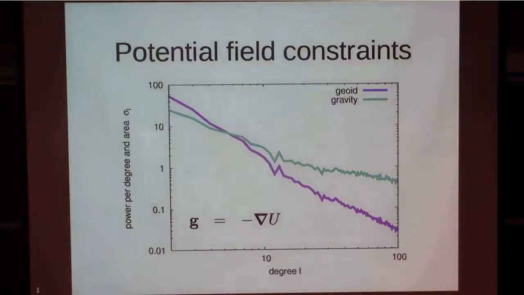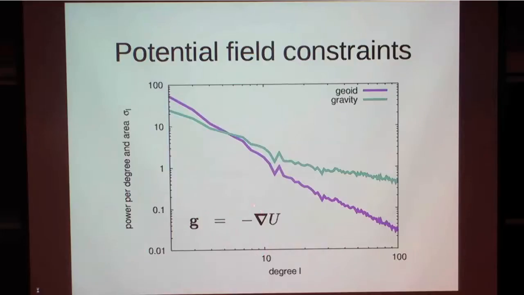Given the way this is set up, we can also prefer to look at gravity. Now, the geoid, U, is the potential, and the gravity, g, is the gradient of this potential. So they are the same thing, but if I compute free air gravity here in green, because of pulling out the wave number from that spherical harmonic expansion, I get a much rougher spectrum, where this is degree and this is power. So the geoid looks redder and the gravity looks whiter.